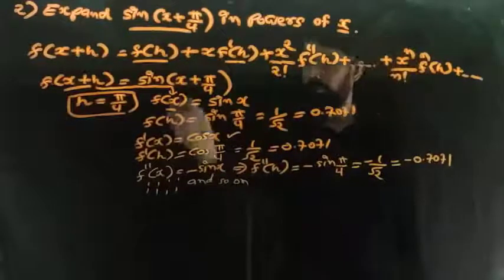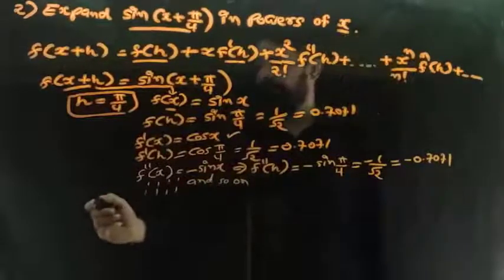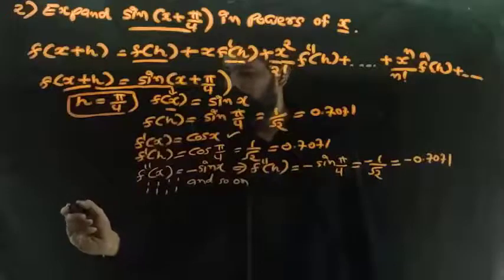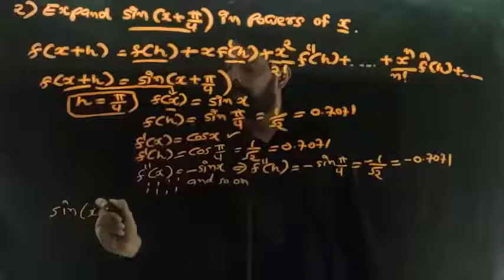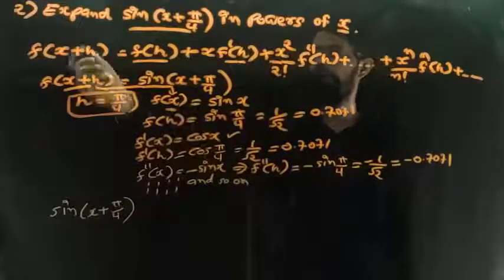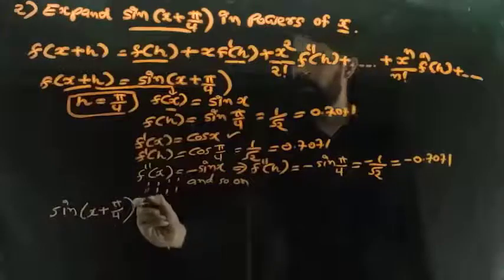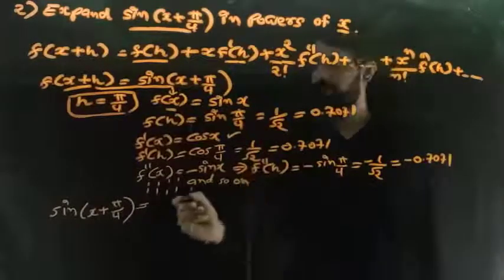Now putting all these values in this Taylor series, it will be sin(x + pi by 4), that is our function f(x + h), then f of h, whose value is 0.7071.